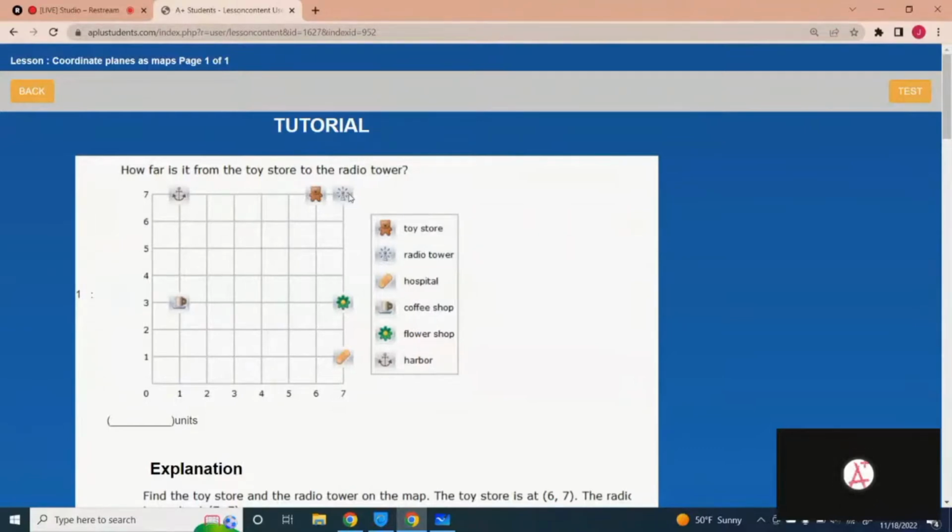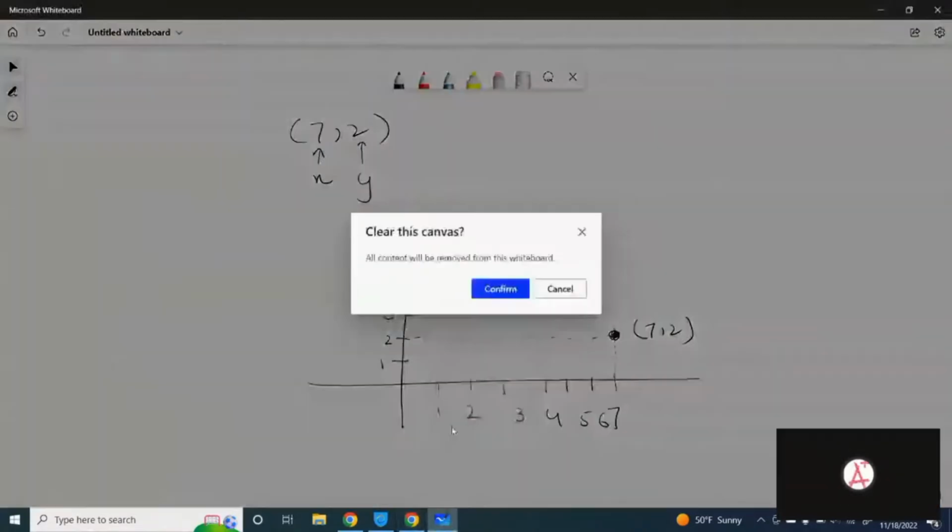Got it? You can find the coordinates for the toy store on the graph and then the coordinates for the radio tower. Okay, the coordinates of the toy store are, for the x it has the value 6 and for the y it has the value 7. So the toy store has the coordinates 6, 7.